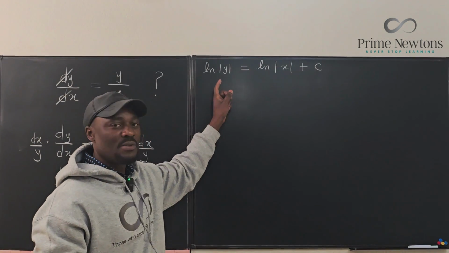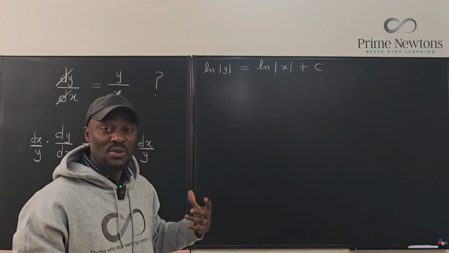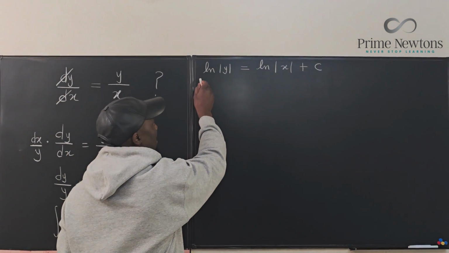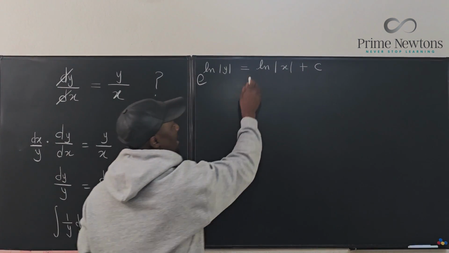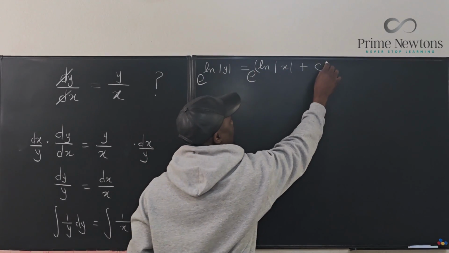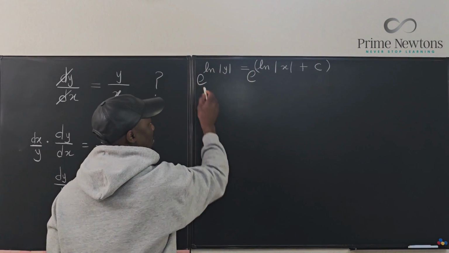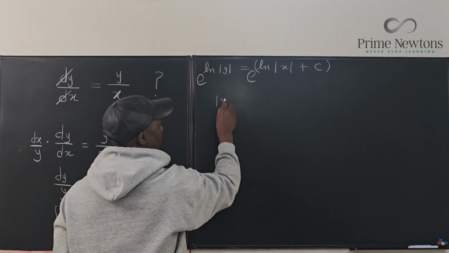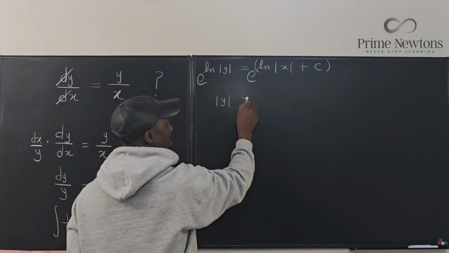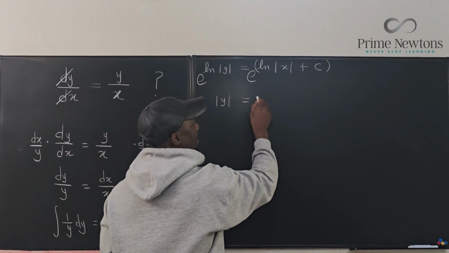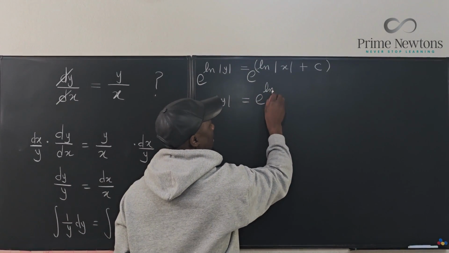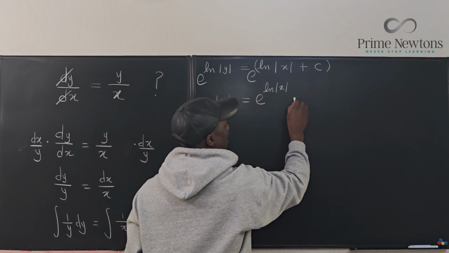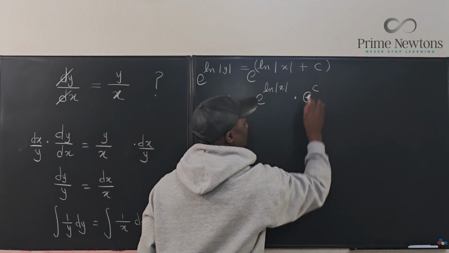Let's say we want to convert this back to y, get rid of the natural log. Well, we have to raise both sides to e. So if I do e to the ln, I can do e to the this. So naturally we have absolute value of y from the laws of logarithms. Here we're going to have e to the ln of absolute value of x times e to the c.